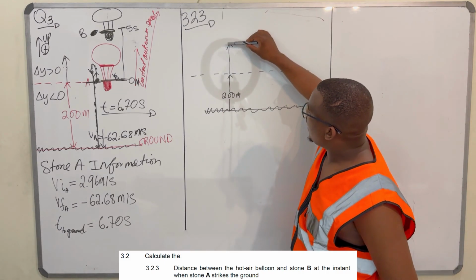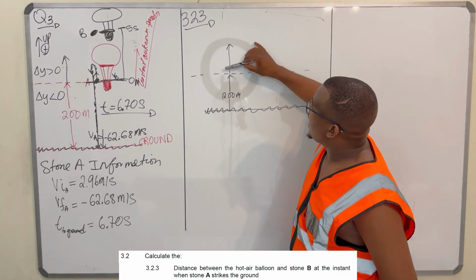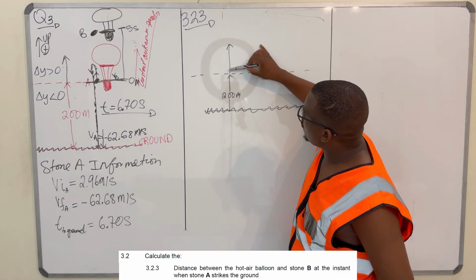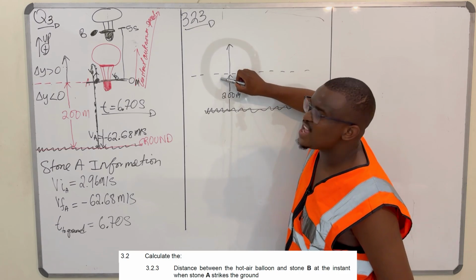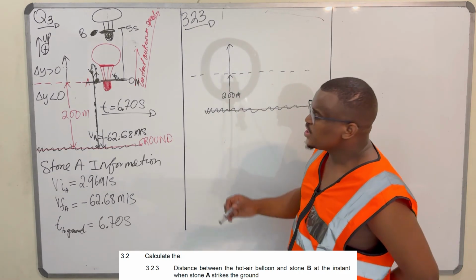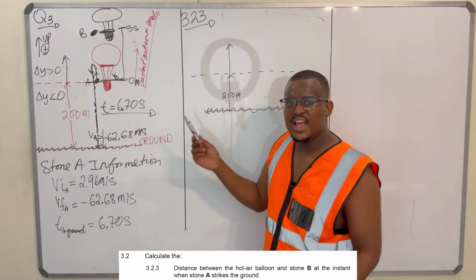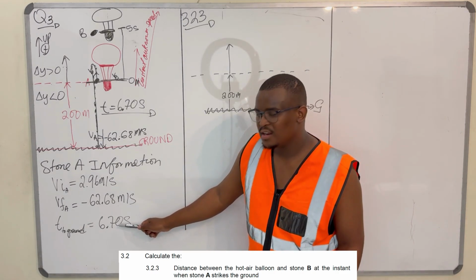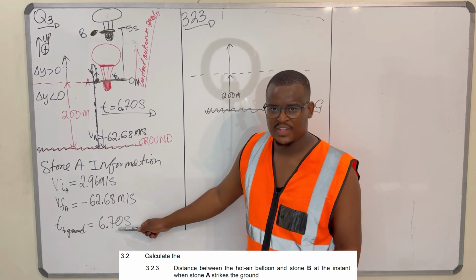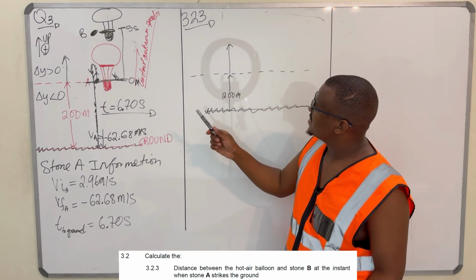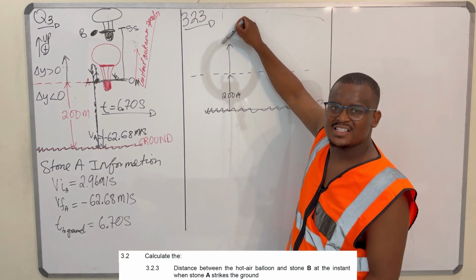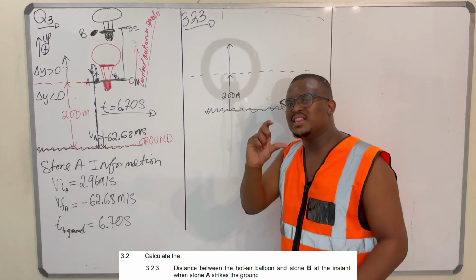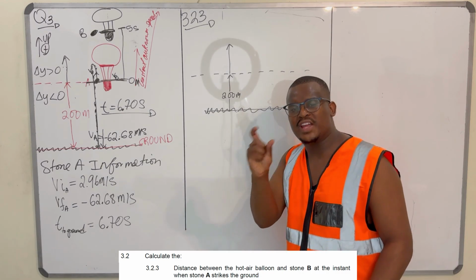I know this was 5 seconds after stone A was released. Which means, since stone A took 6.7 seconds to hit the ground, at the instant when stone B is released, stone A was left with 1.7 seconds to hit the ground.